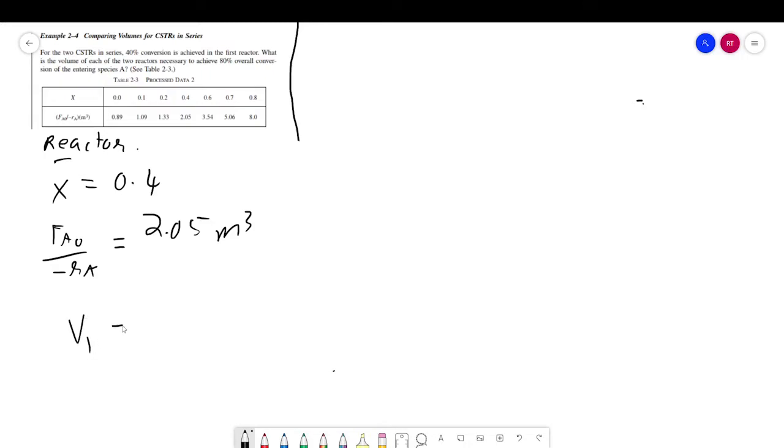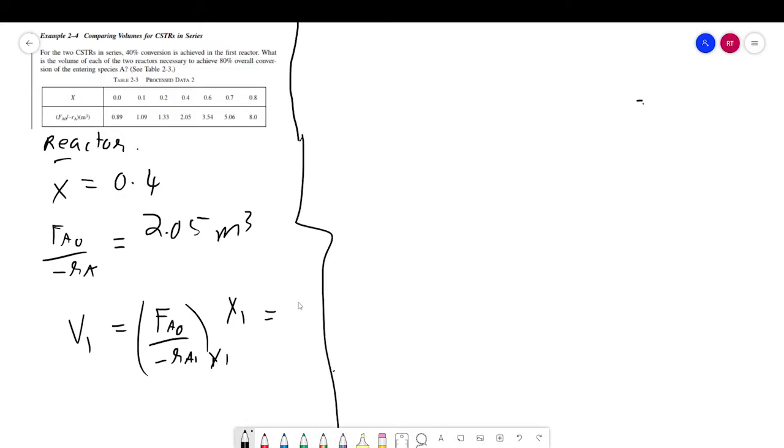And we also know from the formula we just derived that V1 is FA0 by minus RA1 at X1, times X1. By substituting, you have FA0 by minus RA as 2.05 and X you know is 0.4. We get a value of around 0.82 meter cube. So that's how we solve for V1.